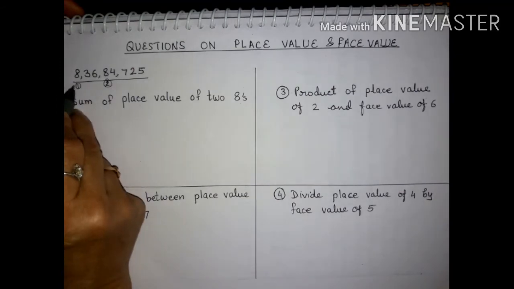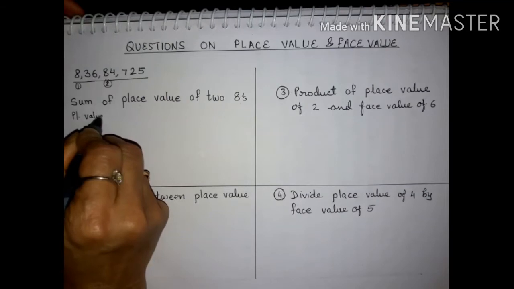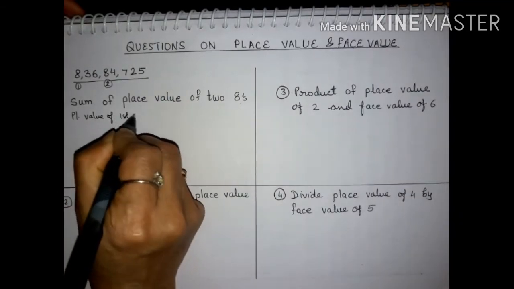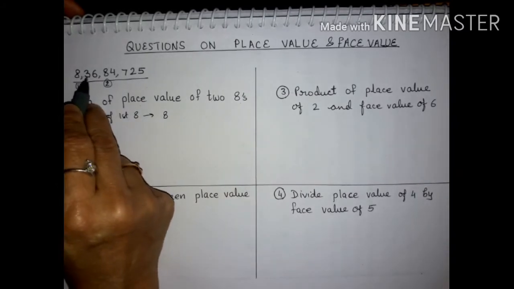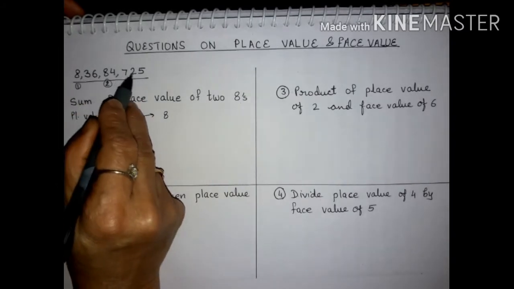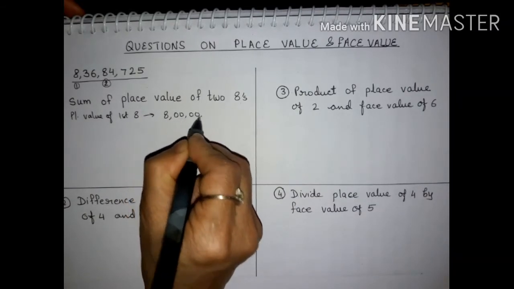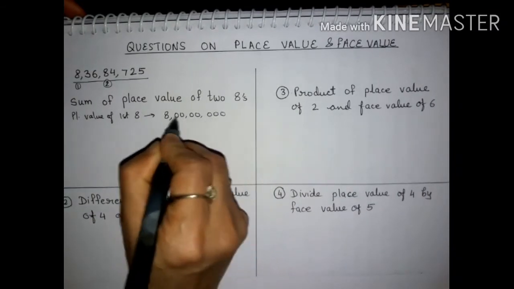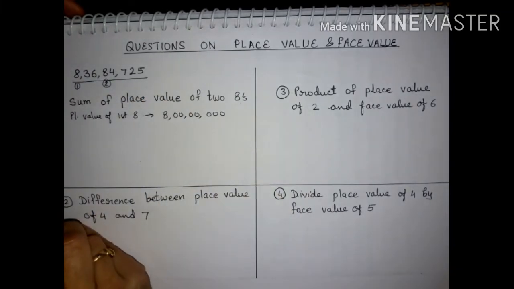First of all, place value of the first 8. That will be 8 and how many digits? 1, 2, 3, 4, 5, 6, 7. So we simply put 7 zeros. Commas are already there in the numbers, so you don't have to decide.